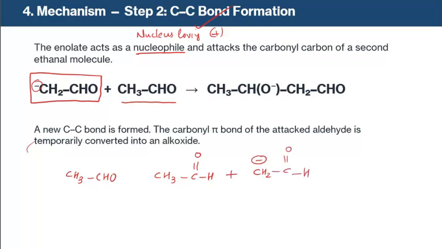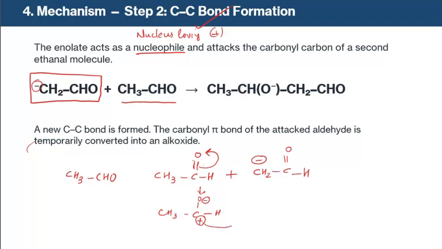Clear? Here, there is a transfer of the two pi electrons, the bond is shifted as charge here. Then it forms CH3 CH single bond O minus H, and this carbon contains a positive charge.